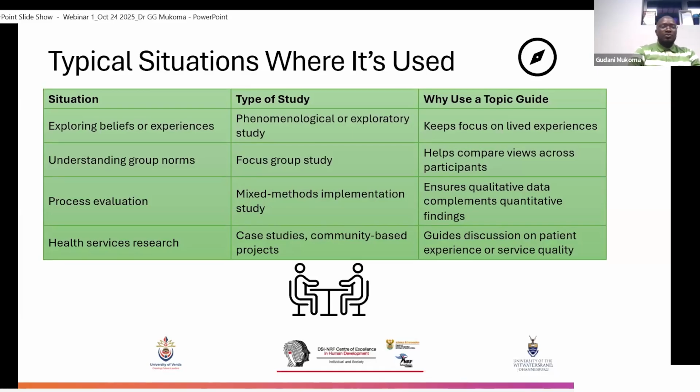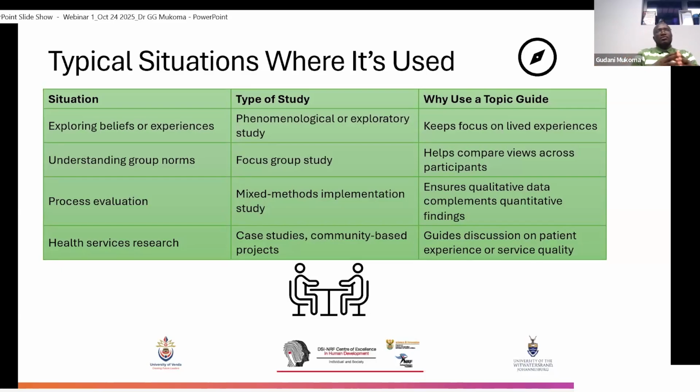You're trying to understand health services reach, accessibility and those kinds of things. You can apply a topic guide, and this will also tell you the kind of study design that will allow you to use one, such as exploratory studies, focus group studies, mixed methods implementation studies, as well as case studies within a community-based setting and so forth.